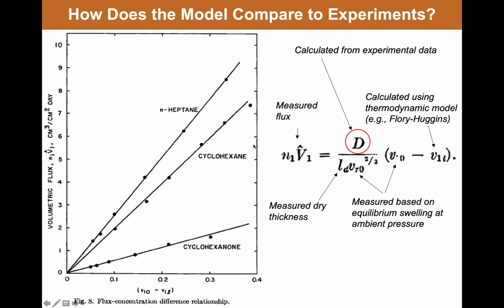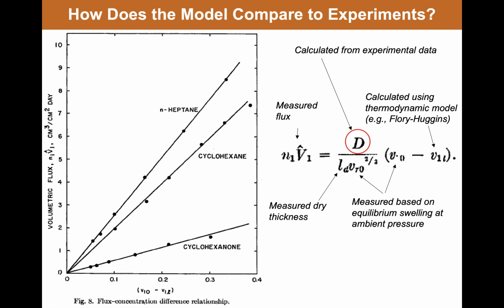What's being plotted is the measured flux, and Paul measured volumetric flux as a function of the volume fraction difference or concentration difference between the solvent in the feed side and permeate side of the membrane, and this was calculated based upon the pressure of the solvent and the Flory-Huggins model.